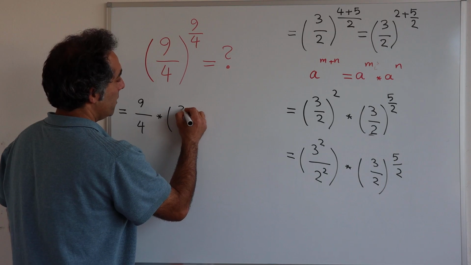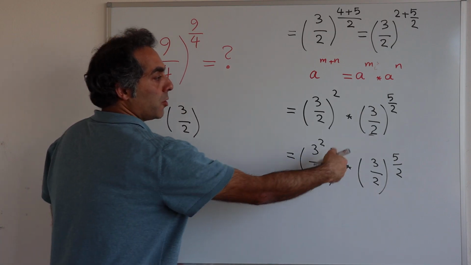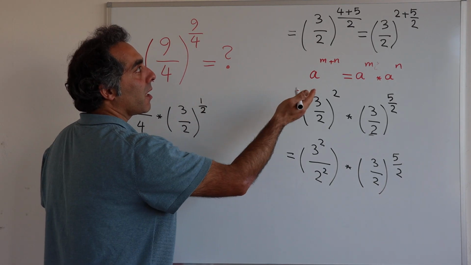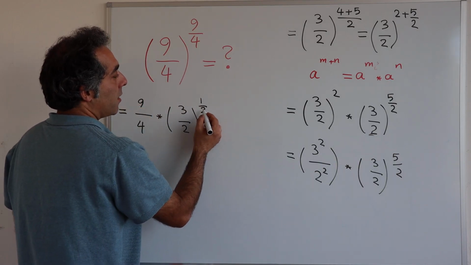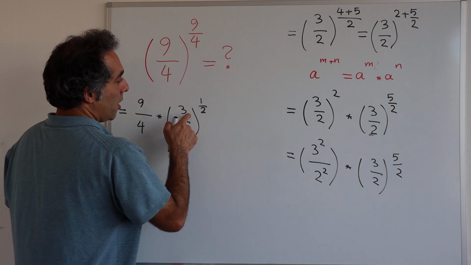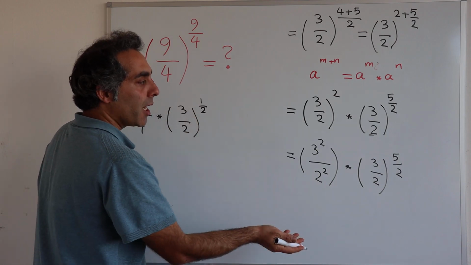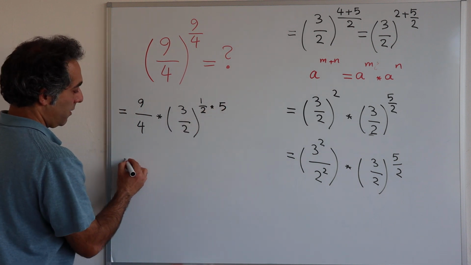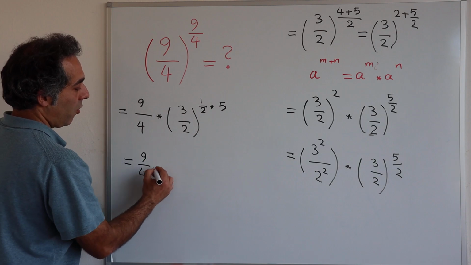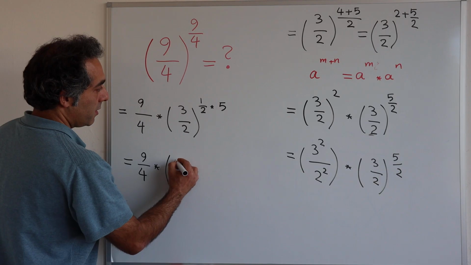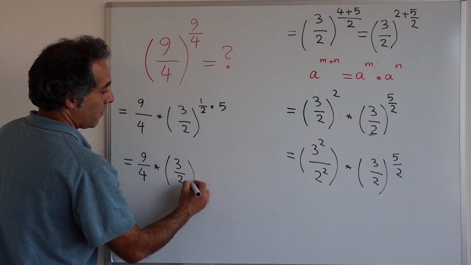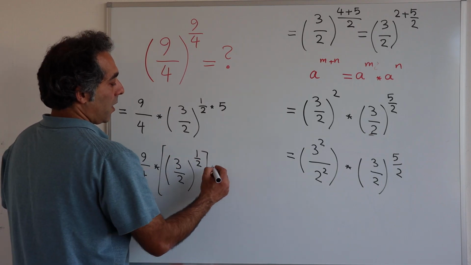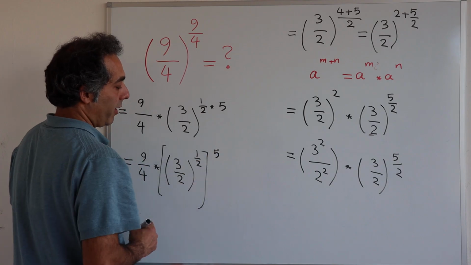You know 3 over 2 to the power of 5 over 2, again based on the property of the powers, you can write it as 1 over 2 times 5. Which is again 9 over 4 times, you can write it as (3 over 2) to the power of 1/2, and the entire expression to the power of 5.